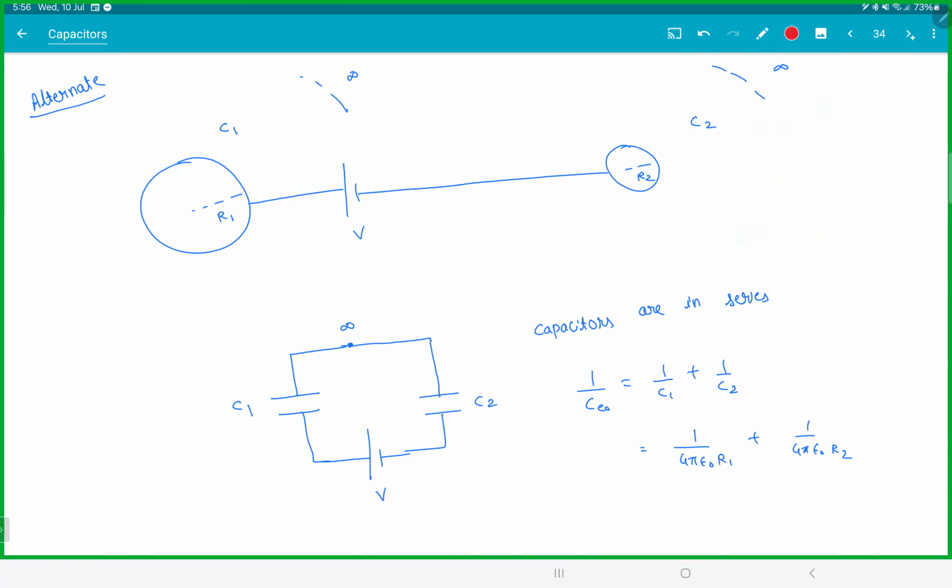So infinity acts like a common terminal for both of them, and this simply looks like two capacitors in series. Is this clear, everyone?